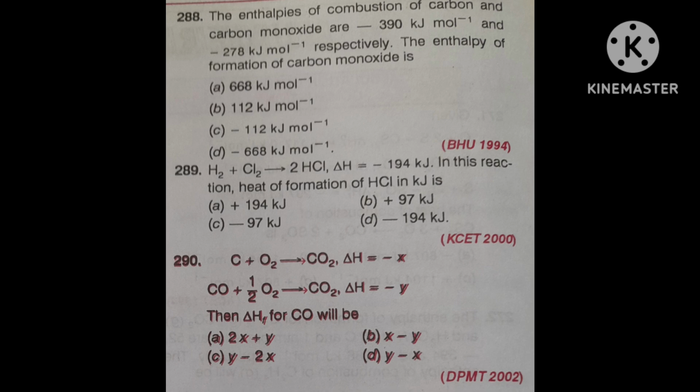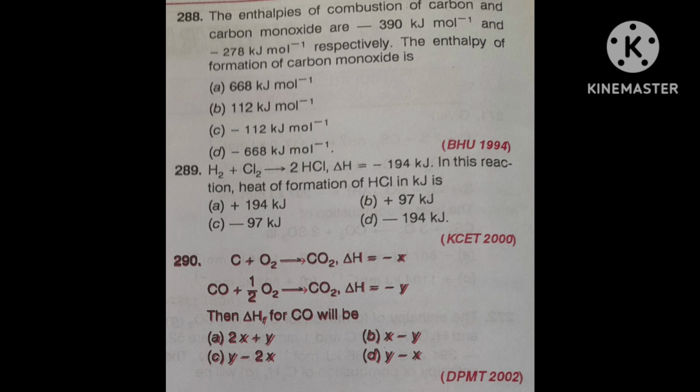Then delta HF for CO will be: first option 2x plus y, second option x minus y, third option y minus 2x, fourth option y minus x.